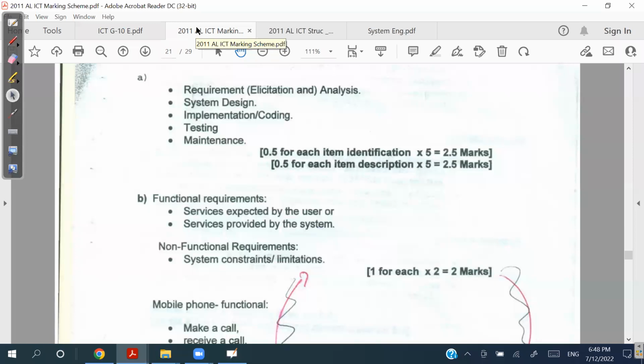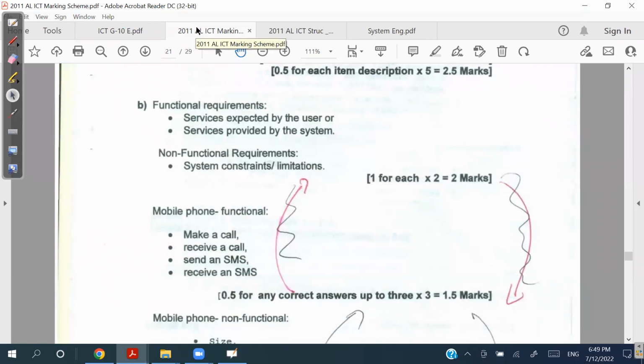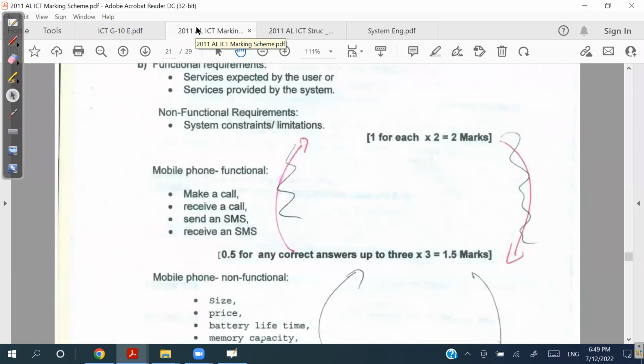And non-functional requirements describe the system constraints or the system limitations. So when it comes to the mobile phone, the functional requirements can be: make a call, receive a call, send an SMS, receive an SMS, right?